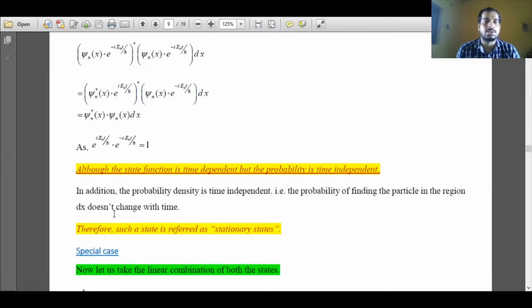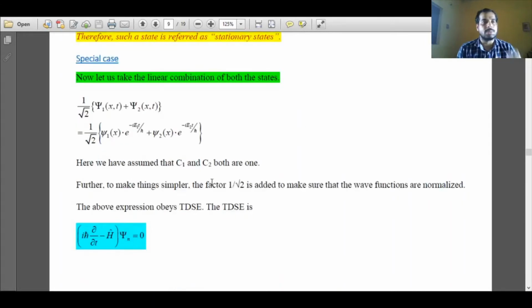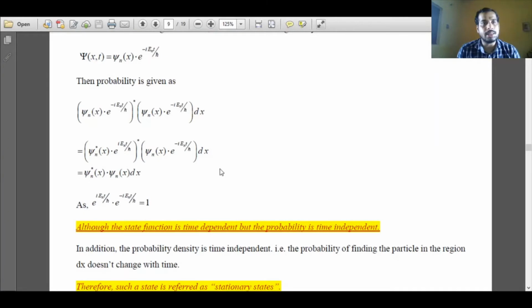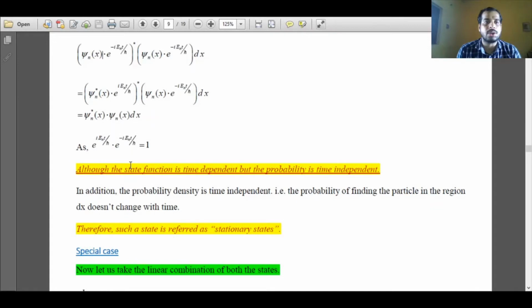Now we will take a special case. In the condition discussed just now, we have taken only one state function and found its probability and probability density, and we observed that both are independent of time. But we will take a special state. In this special state, the wave function is a linear combination of two different states.